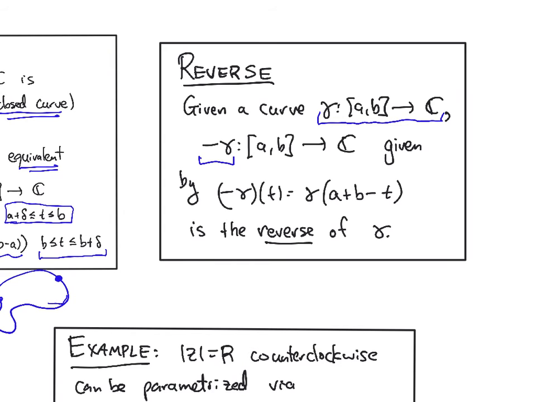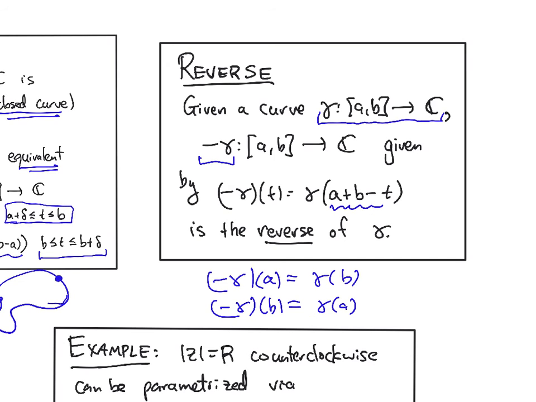So it's just the curve that follows the same set, but it starts out at the end point of gamma and ends at the beginning point of gamma. And this is just some formula that gives us the right thing. I think if you check here that when I plug in A, I get B, and when I plug in B, I get A.